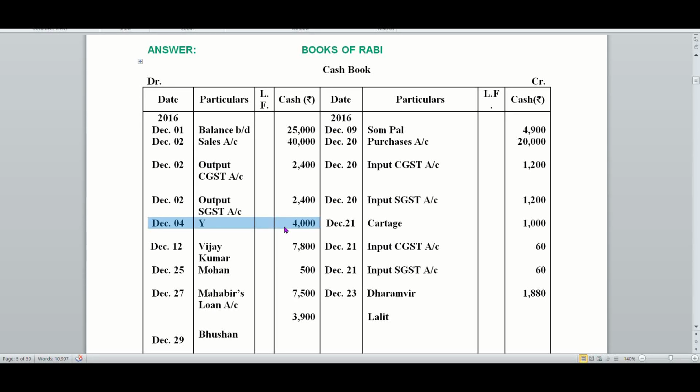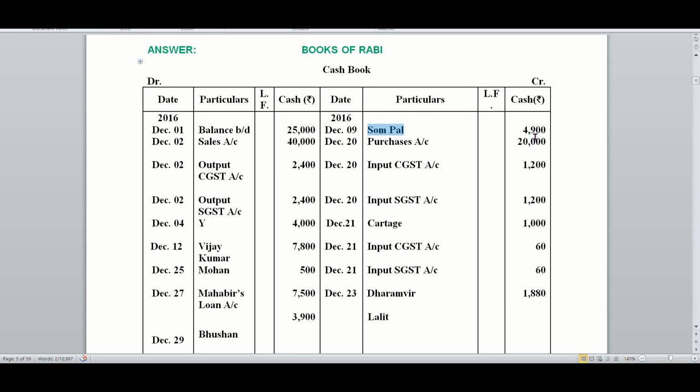The money is being paid to Sompal. So Sompal account debit to cash. Here cash account is credited. Therefore, by Sompal, the other account is Sompal. So cash account is credited, and on the credit side we write Sompal 4,900.